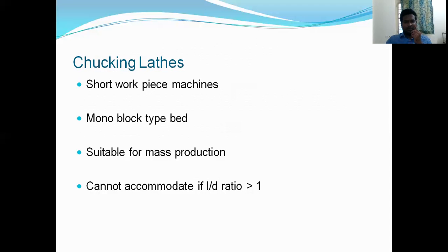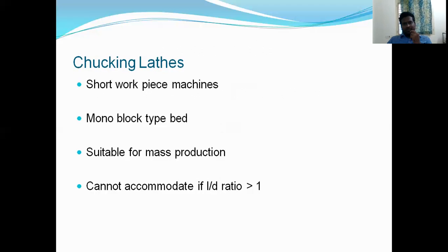So 600 by 300 we are getting 2, which is greater than 1. So that type of work pieces are not accommodated in the chucking lathe.